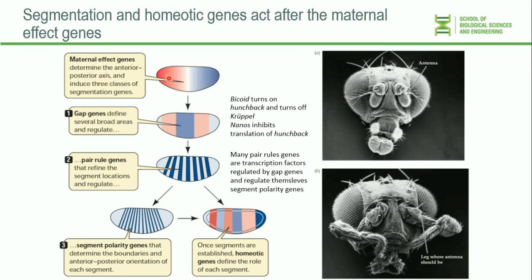If we were to eliminate polarity in the early developing embryo, then we would affect the entire rest of the development. And then, last but not least, the homeotic genes will determine what happens exactly to each one of these segments that has been produced by all of this cascade of events.